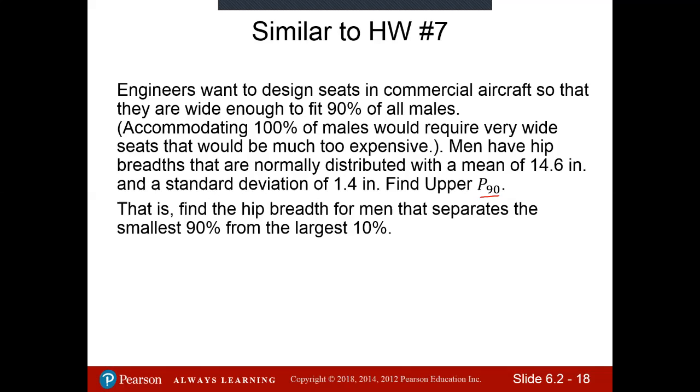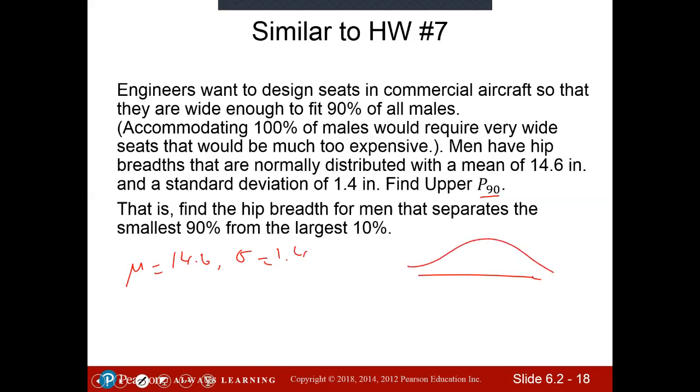okay, we have the same setup as the body temperature. This time, the mean is equal to 14.6. The standard deviation is 1.4. Okay, and then you need to sketch your density curve.